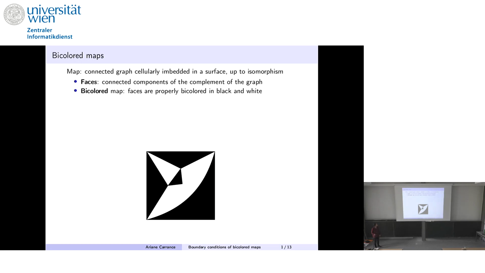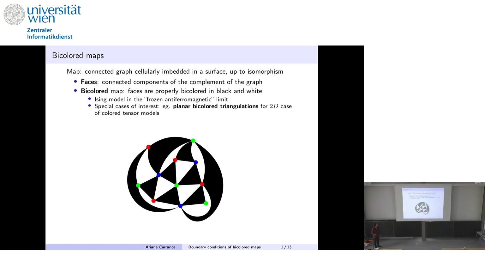There are several reasons to be interested in bicolored maps. One of them comes from the Ising model, since you can think of this as a very special case of putting spins, or here black and white, on the faces of your map.